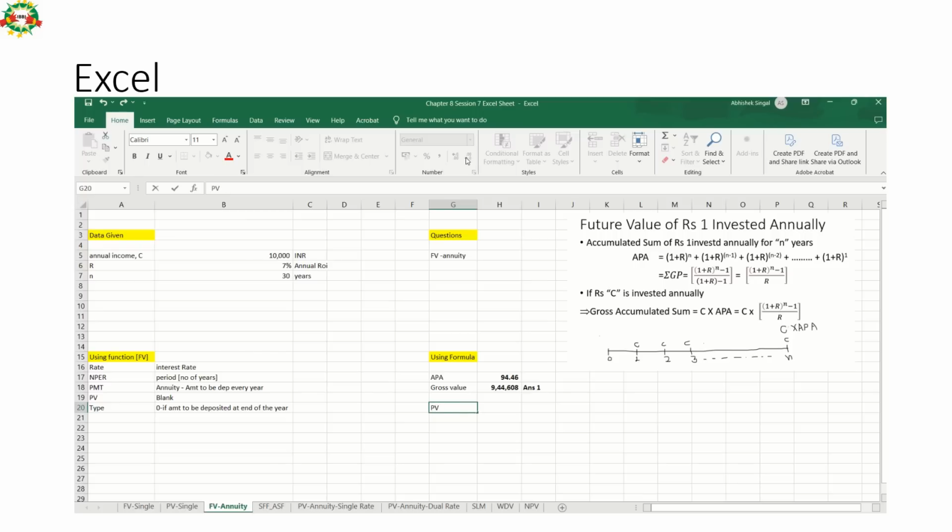like present value, rupees 10,000 per annum. What is the value?